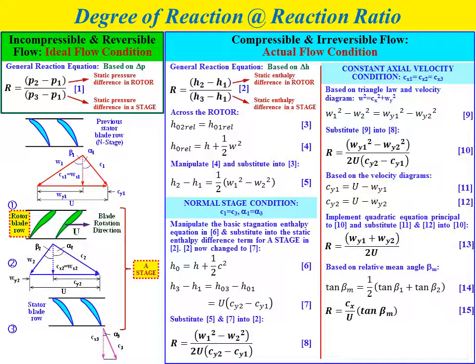Substitute into the equation of degree of reaction, so we get R equals Cx divided by U multiplied by tangent beta m, represented by equation 15. For the degree of reaction equation based on beta 2 and also alpha 1, we have equation number 16, where R equals half plus Cx over U multiplied by tangent beta 2 minus tangent alpha 1.